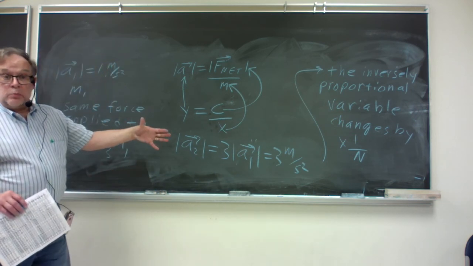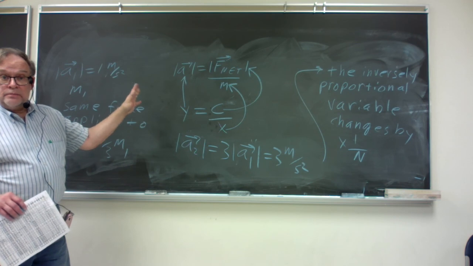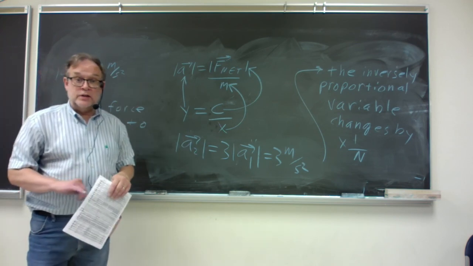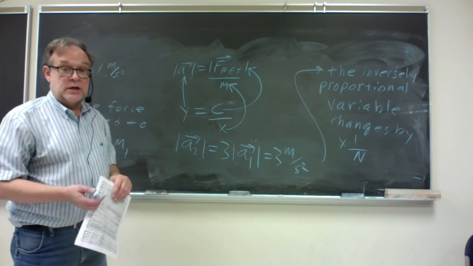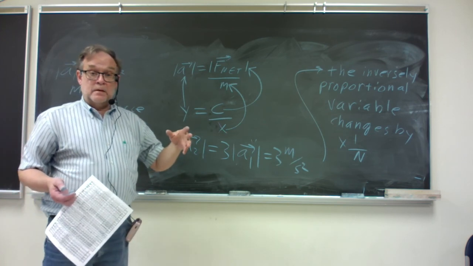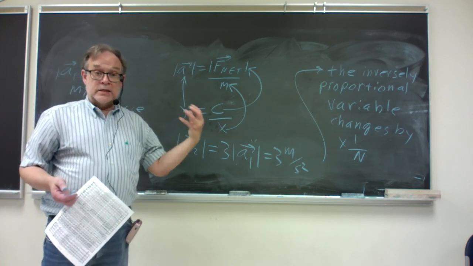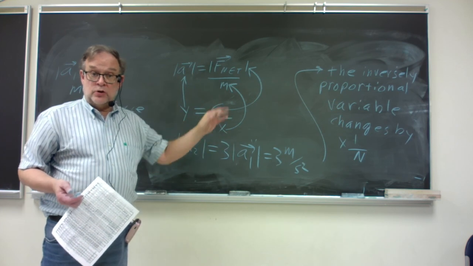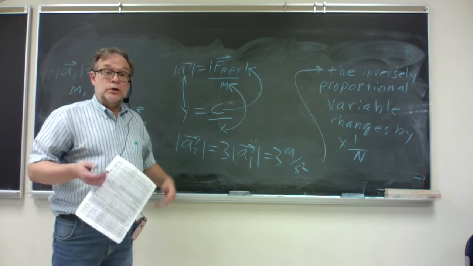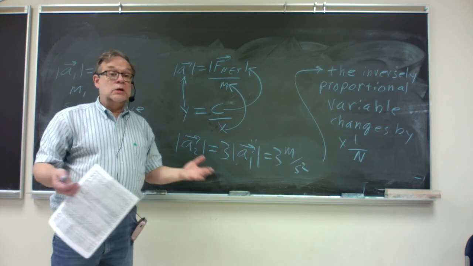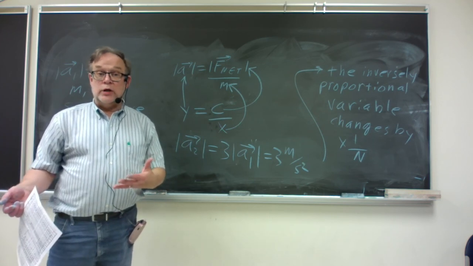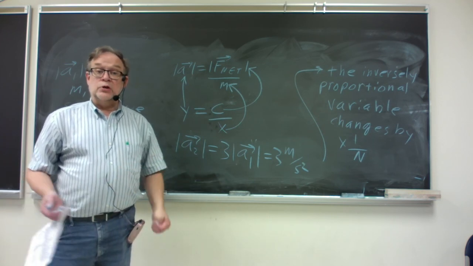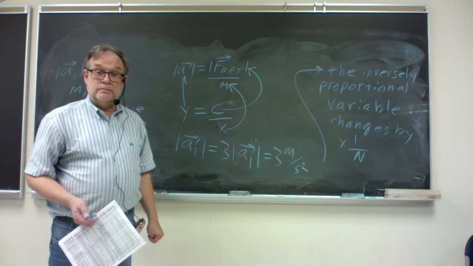Mass is inversely proportional to the acceleration if everything is feeling the same net force, if the net force is constant. In other words, when mass increases, acceleration decreases. That's what we saw in all these examples. The more mass you have, the less acceleration you get for any particular amount of force.